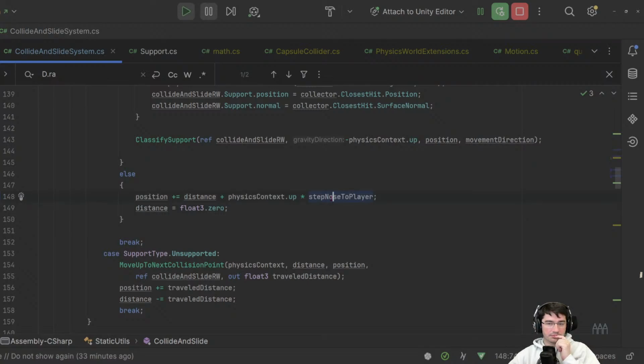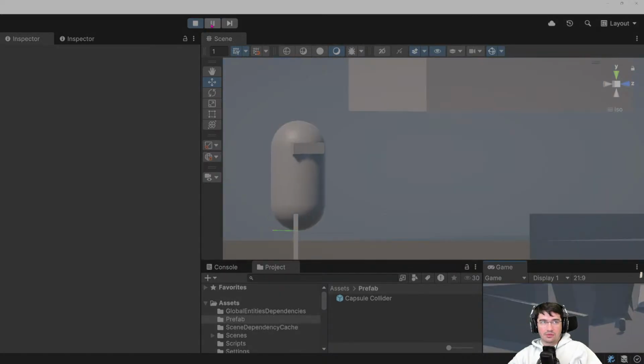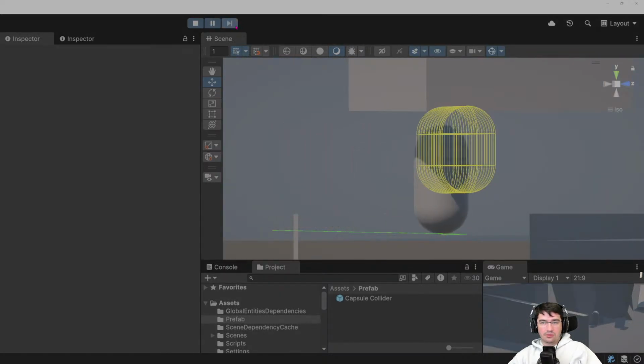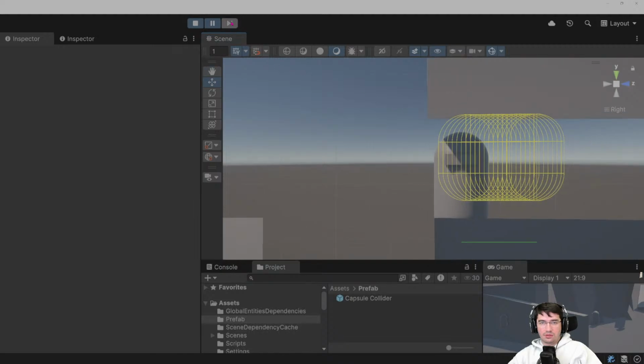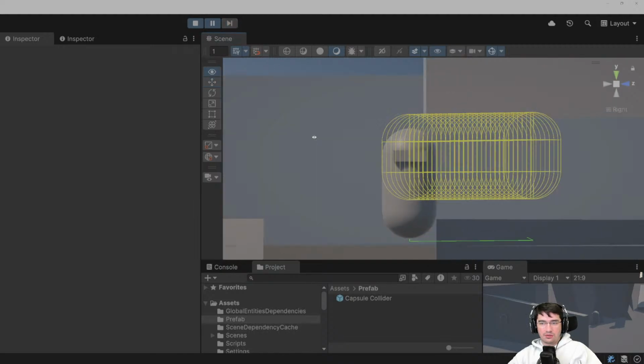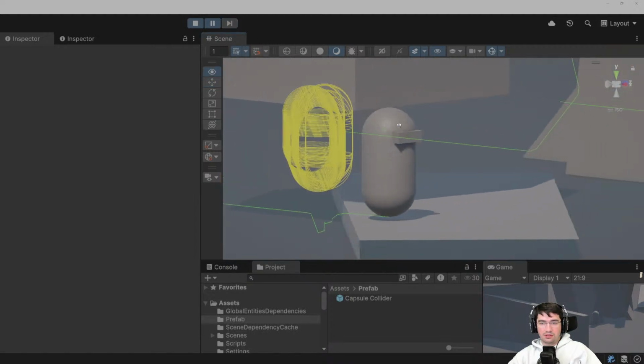Let's check what happens if I don't do this part. I'm now penetrating on this one, and it's ugly.